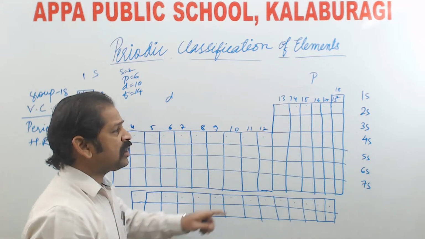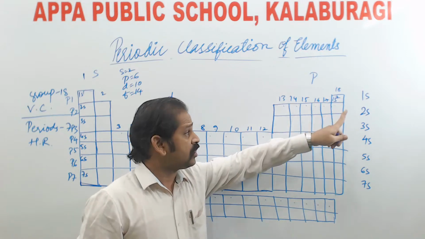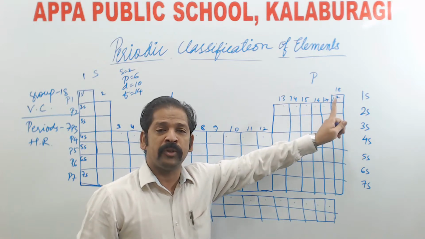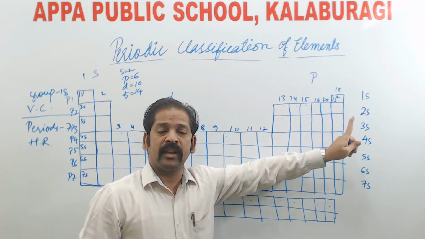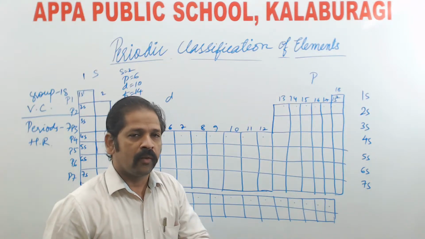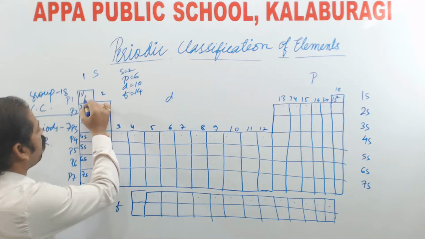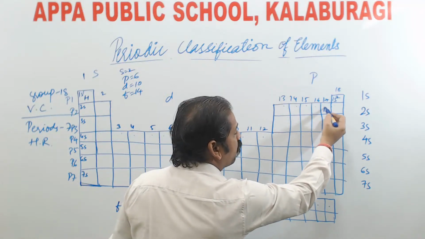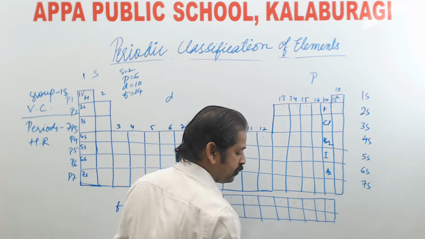Actually, helium is an S block element placed in the P block, so it does not have a proper position block-wise. This is a drawback of the modern periodic table. First drawback. Second drawback: hydrogen's properties are linked with the 17th group, that is fluorine, chlorine, bromine, iodine and astatine.